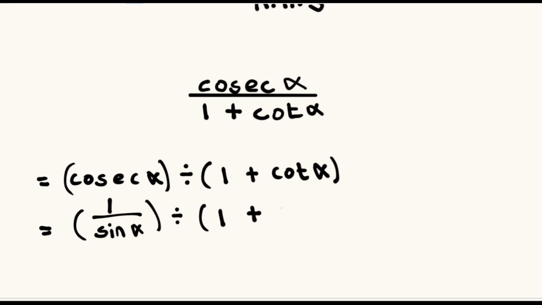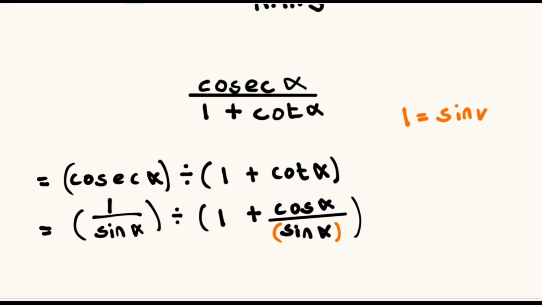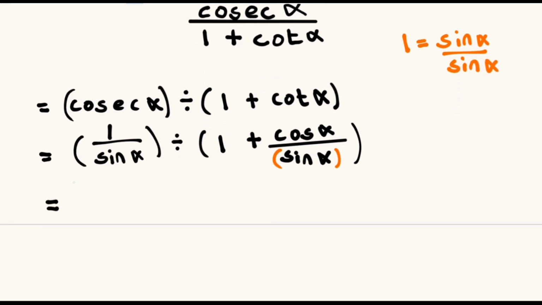Cot alpha is equal to the cos of alpha divided by the sine of alpha. Since the denominator is the sine alpha, we are going to express the 1 as sine alpha divided by sine alpha. This will be equal to 1 divided by sine alpha, and this whole thing is divided by the 1.